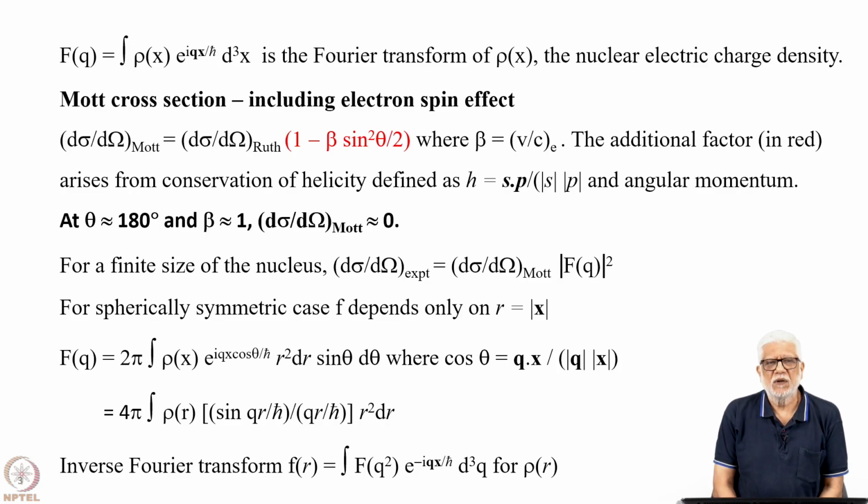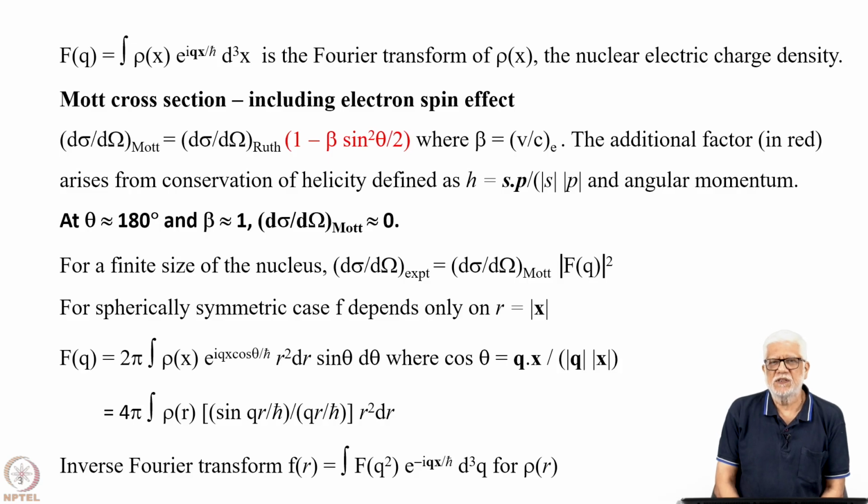If you want to include relativity, then of course you get the so-called Mott cross section for an electron, which includes the spin effect. So d sigma by d omega Mott is given by the Rutherford cross section, which is spin independent, times 1 minus beta squared sine squared theta by 2.